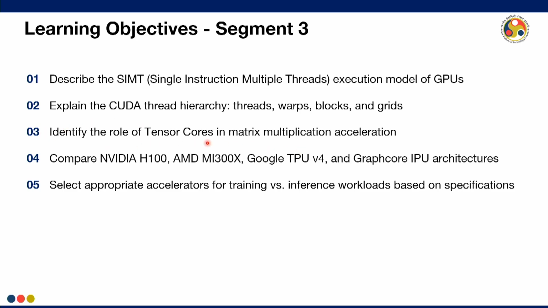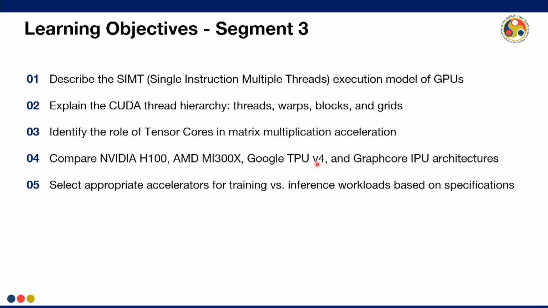We will also talk about the different roles of other accelerators available in the market, not only the GPUs. We have NVIDIA, AMD, and other versions of application specific integrated circuit based AI accelerators from Google, GraphCore and so on.